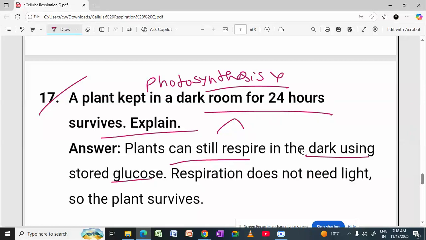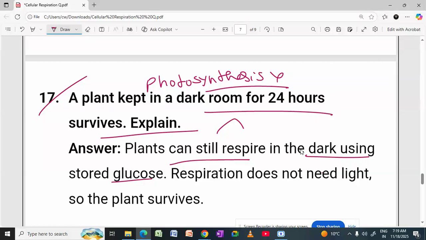Because plants can still respire in the dark using stored glucose. For the respiration process, we know that glucose is required, and then energy is released, that is the breakdown of glucose to release energy.